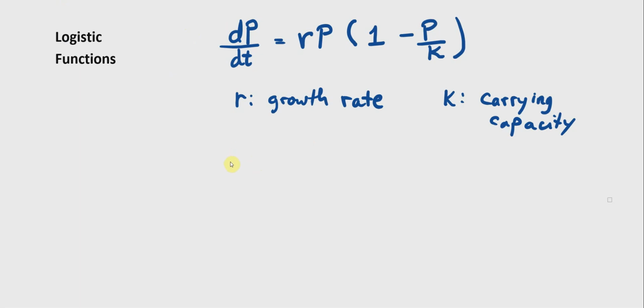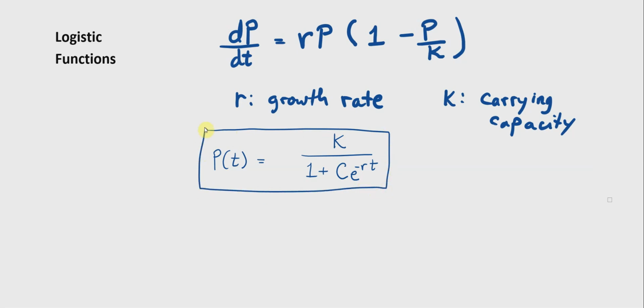So I'm going to skip to the end and show you what the final equation would be if we were to derive it. P(t) equals capital K over 1 plus some constant of integration times e to the negative rt. So we solve this differential equation and end up with this function right here.